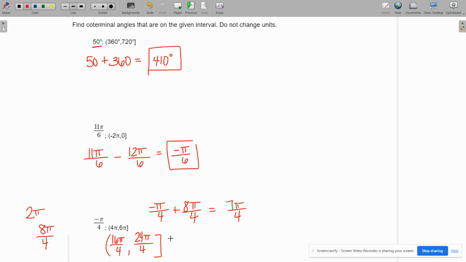So 7 pi over 4 is not between those. So I need to add 8 pi over 4 again to get 15 pi over 4. Still not between 16 pi and 24 pi over 4. So if I add 8 pi over 4 one more time, 15 plus 8, that's going to be 23 pi over 4, which is in that interval. So this would be the answer that we're looking for.